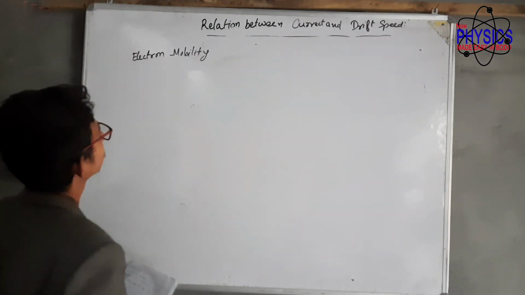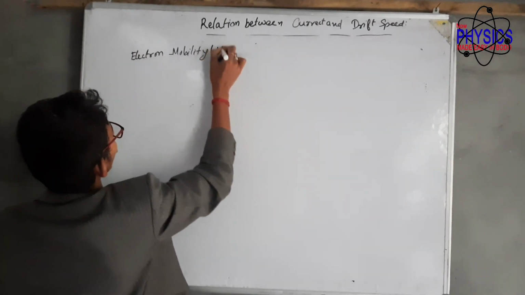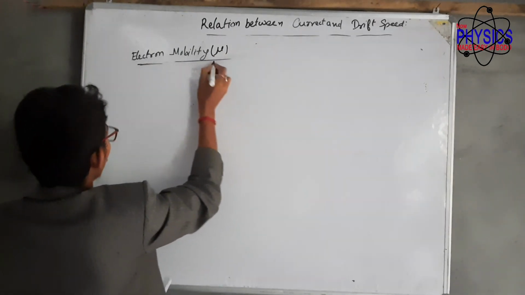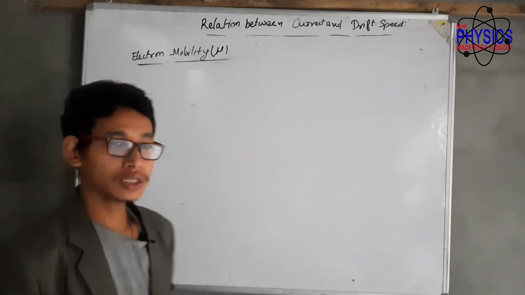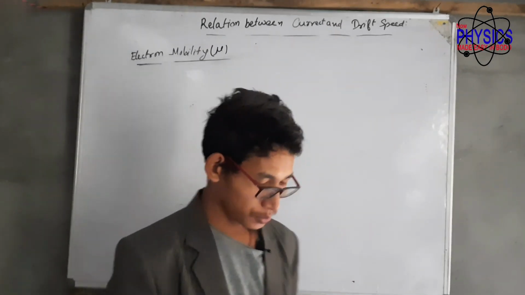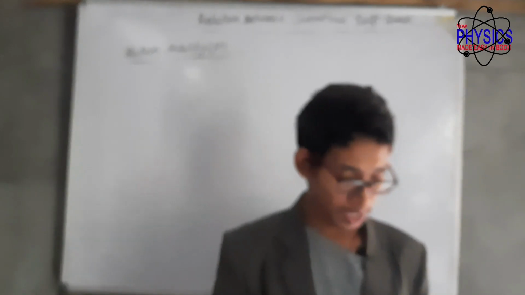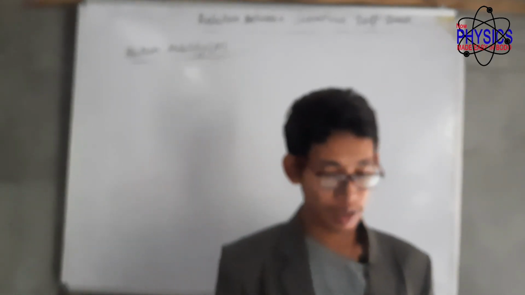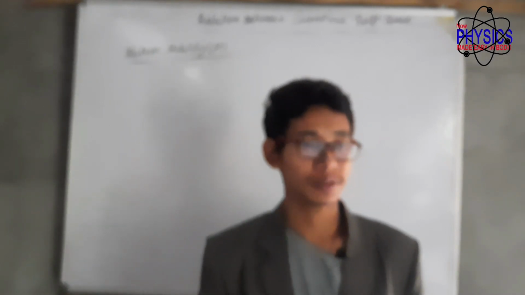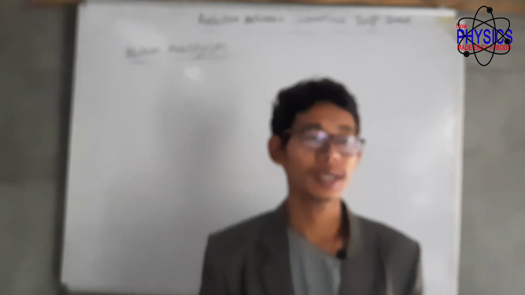What is the symbol of this? Mu. Okay, this is mu. So what is the electron mobility? Drift speed per unit electric field is called the mobility of free electrons.